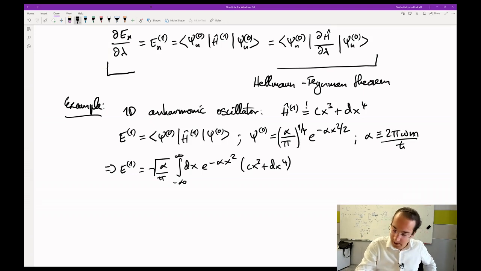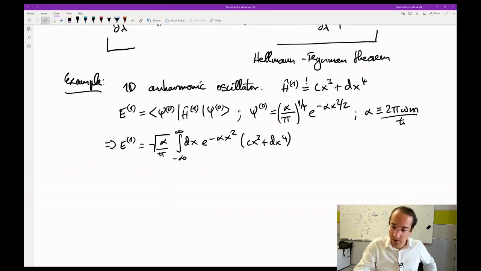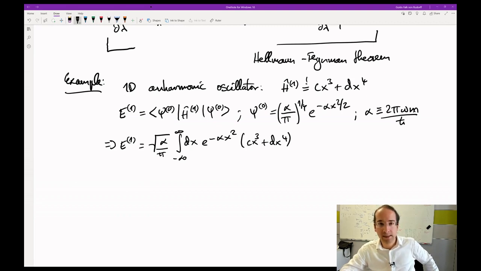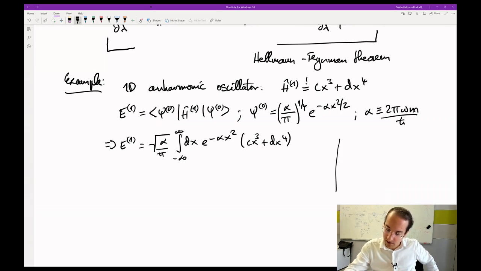So now we can take this term here, and remember there's a cubic term and there's a quartic term. The cubic term is an odd function, meaning that it changes sign if you change the sign of x. So you can imagine this is even, and this would be an example for an odd function.